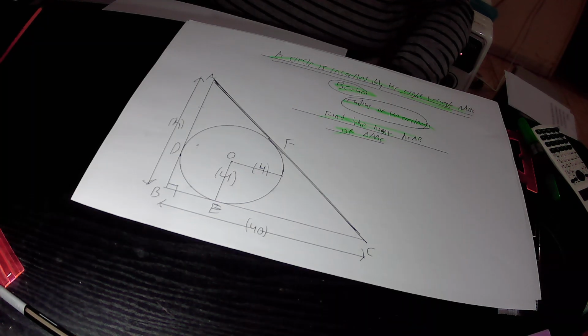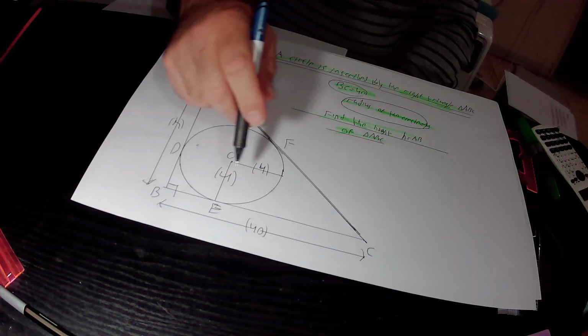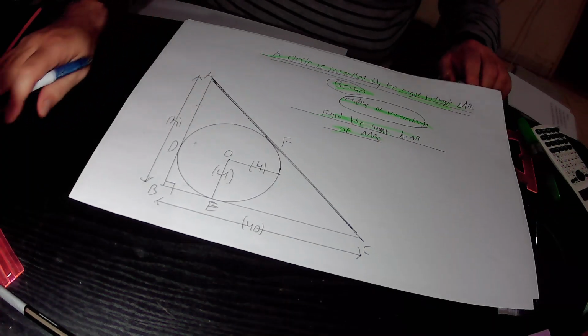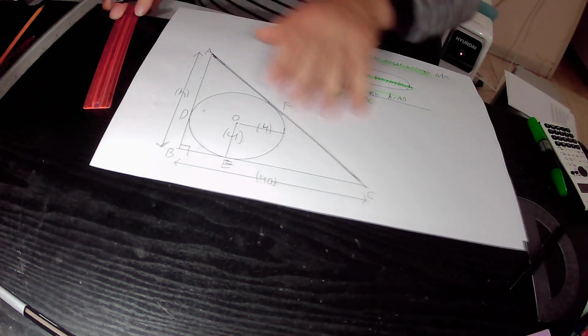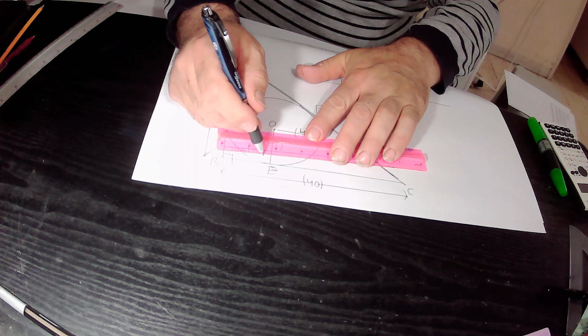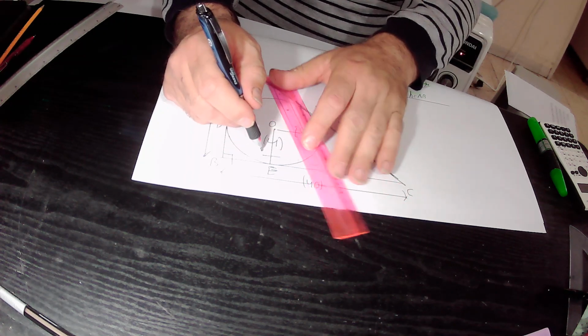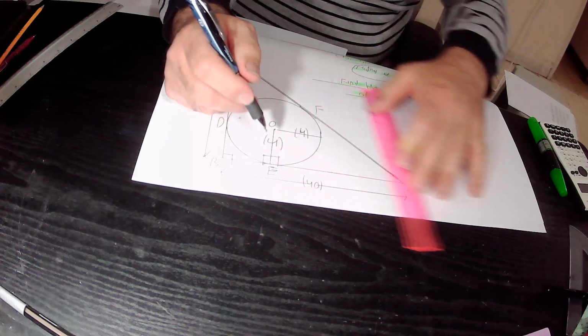Whenever a radius is drawn to the point of tangency, the tangent BC will be perpendicular to the radius EO. If BC is perpendicular to EO, it means that this angle equals 90 degrees inside, and this angle also equals 90 degrees according to rule 1.